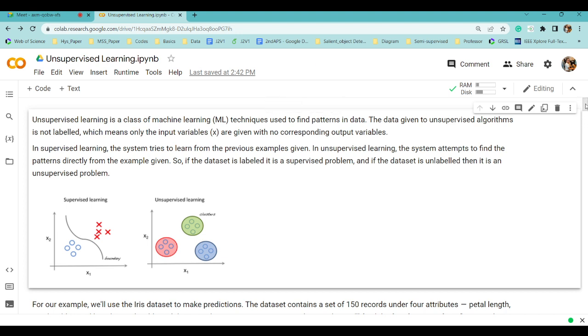So this is one example I would like to show of how supervised learning looks. We already know these are two distinct features, a red cross and a circle, so we are able to draw a boundary and do the classification. But in unsupervised learning, all the data points are circles only, so we make clusters based on which are very similar to each other.